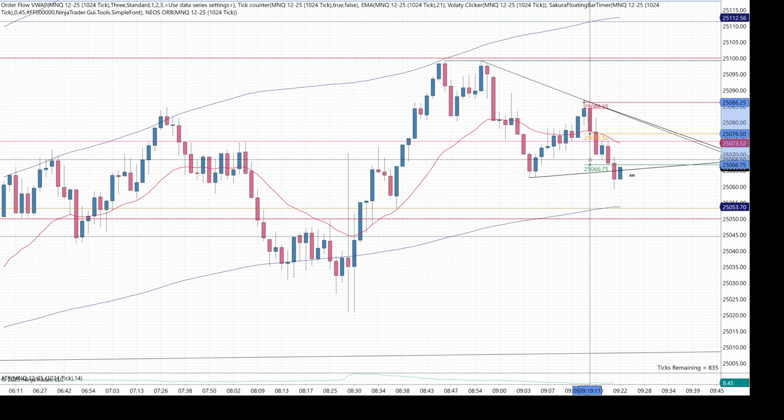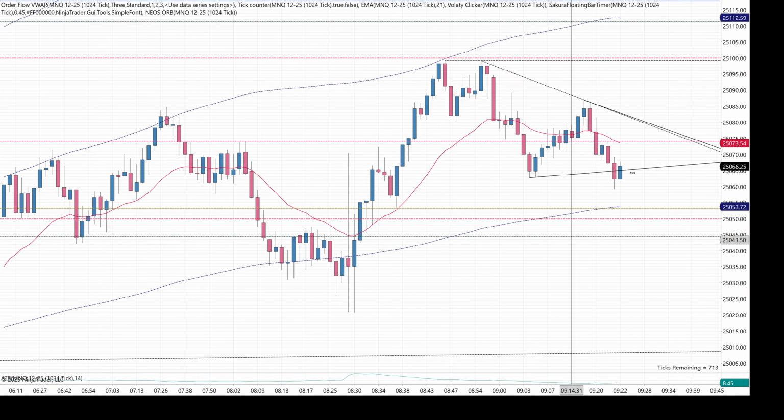This bearish trade worked here. We're going to go ahead and keep track of the runner.